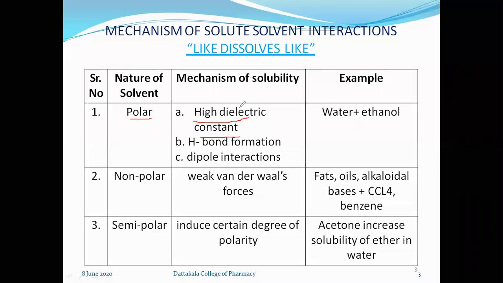What do you mean by dipole interaction? Before this, what do you mean by dipole? Dipole is simply this: let us see, this is one molecule, and in this molecule we have two different ends. Within this same molecule, you get positive and negative poles at two different ends.